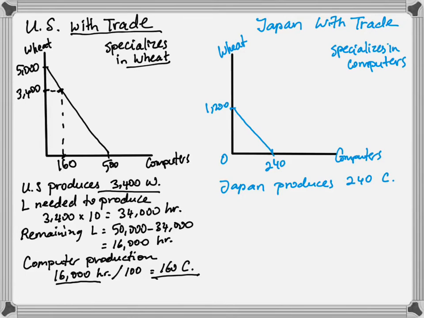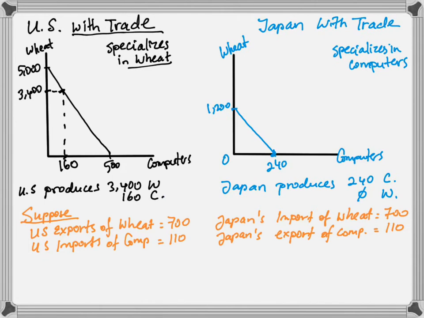So the wheat production will be 0. So Japan will choose this production possibility here at this point, where the country produces 240 computers but no wheat.